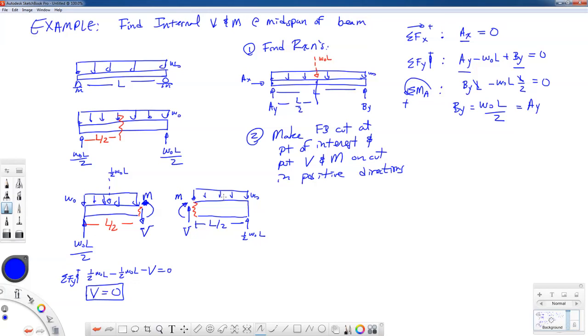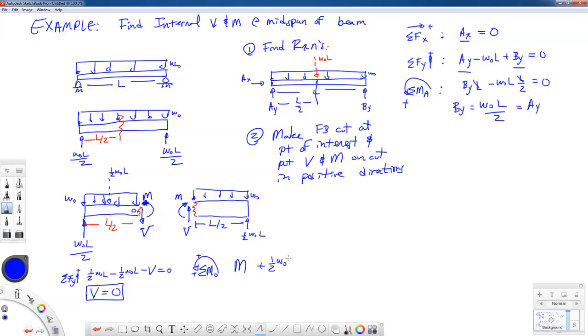And then if we want to do the summation of moments, and a lot of books do this, and I'll do it too, they say that the cut point right there is position O. If I do the summation of moments about point O, I'll take this way positive. I would have my internal bending moment M. I would have the statically equivalent force in the positive direction of rotation.